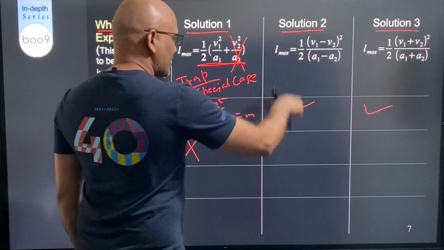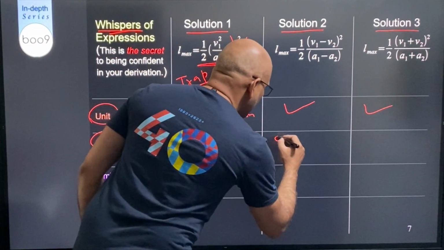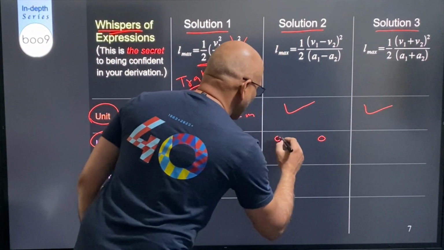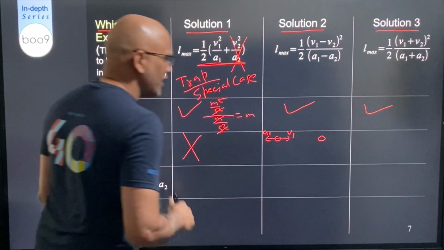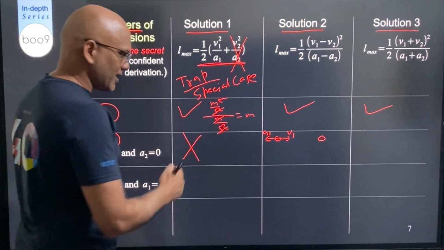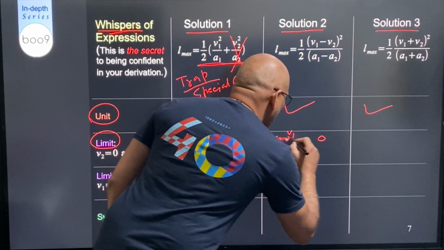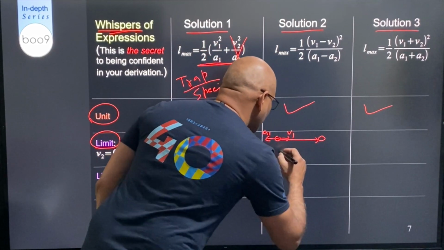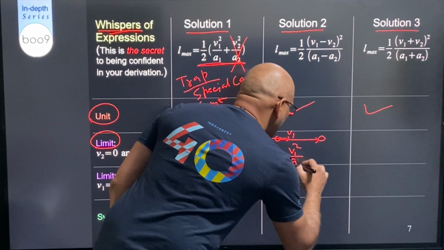Now let's check this one. When v2 is equal to 0 and a2 is equal to 0, that means this is 1, this is 2, and this is at rest. So this is v1, this is a1. Now if I apply v square minus u square is equal to 2as, you can verify that you should get the L max. If this is L max, that should be equal to v1 square by a1.